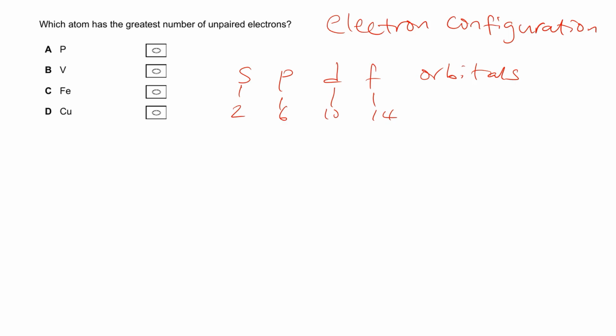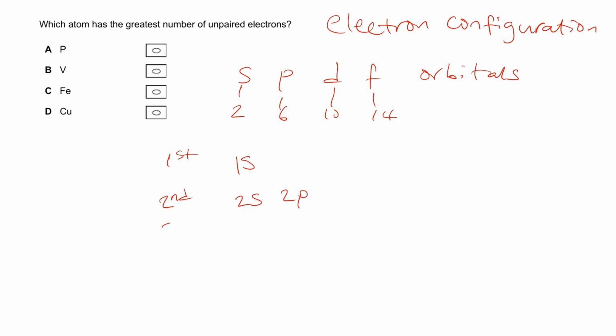Now each of these energy levels has particular orbitals found in them. The first energy level has one s orbital, so we call it 1s orbital. The second energy level has 2s orbital and 2p orbitals.